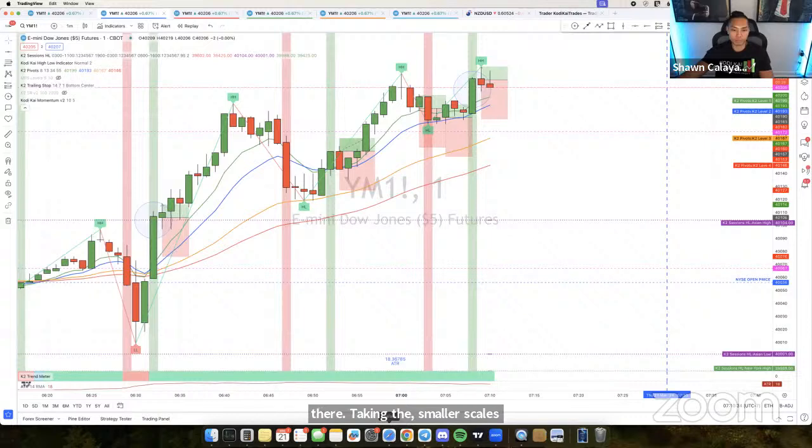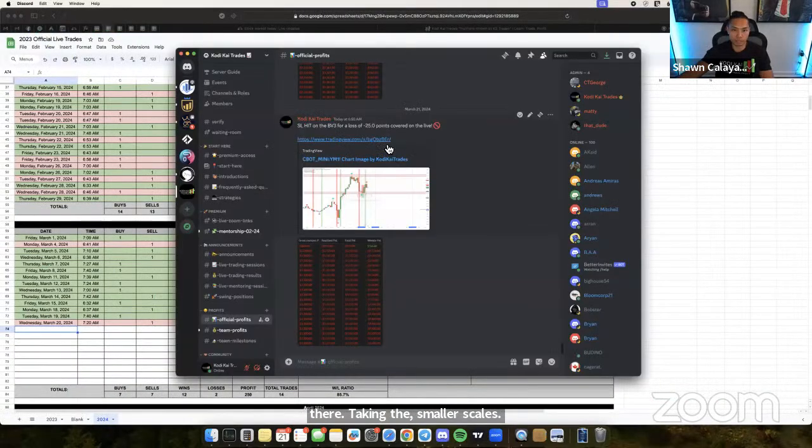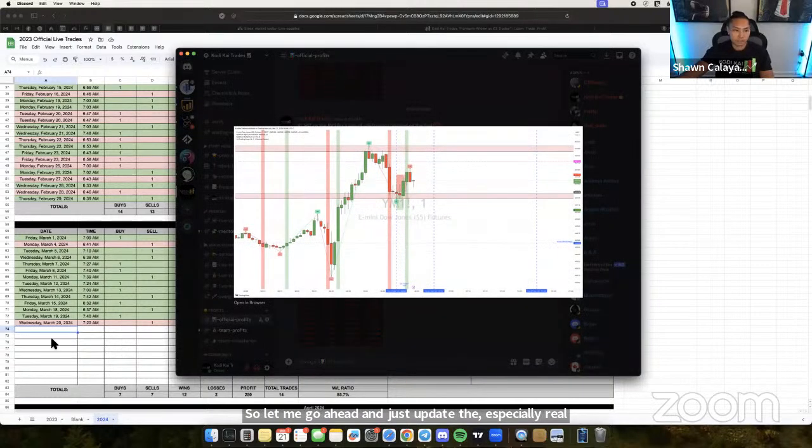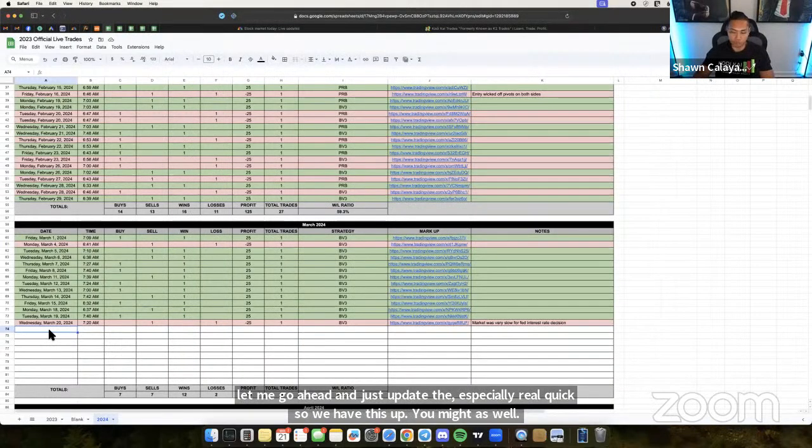So let me go ahead and just update the spreadsheet real quick. So we already have this up, we might as well. All right, 649. Again, this trade was against the trend and the bias, which is typically where I don't trade. But I thought, it is what it is.